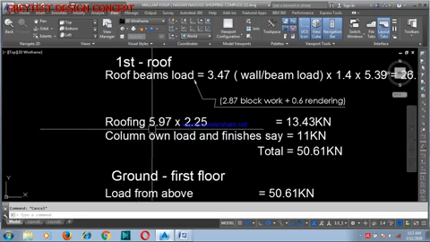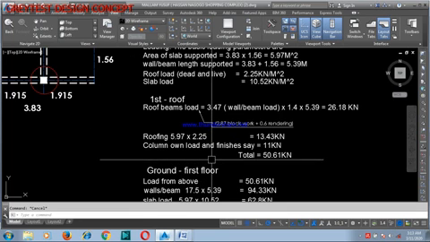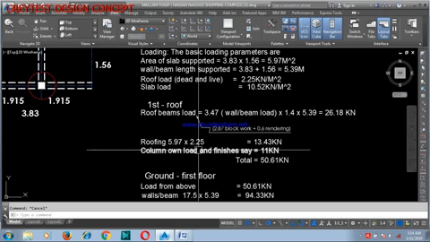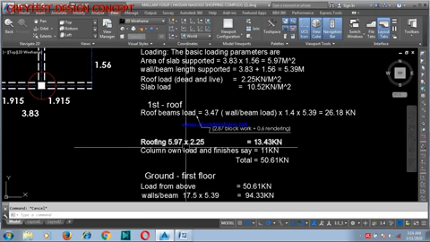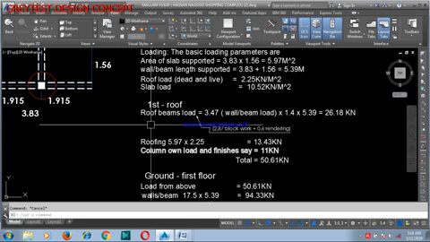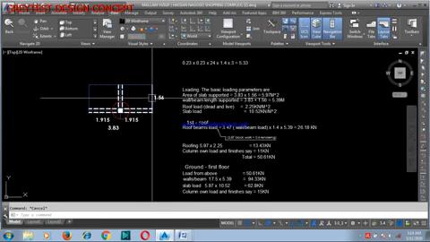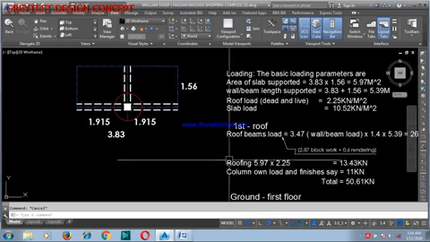The roofing is 5.97 times 2.25. That's the area multiplied by the live and dead load of the roof. That's the area it covers, the area that is carried by this column.